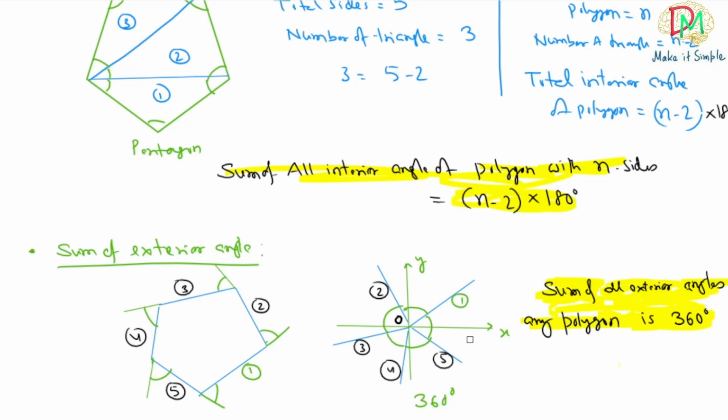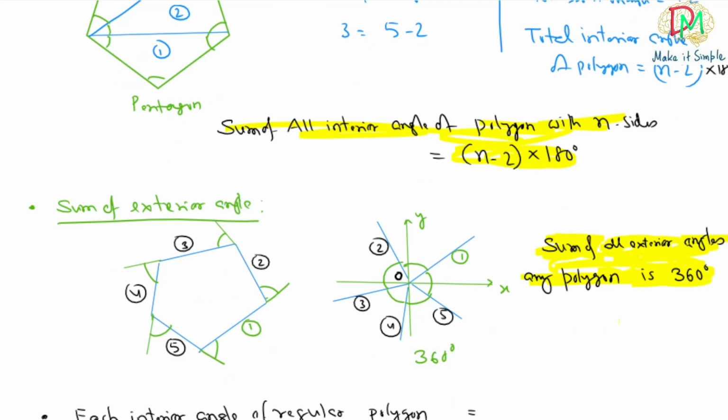Next we learn each interior angle of any polygon. We have already learned the sum of all interior angles of a polygon with n sides is how much? n minus 2 into 180 degrees. Now we divide this sum by n.